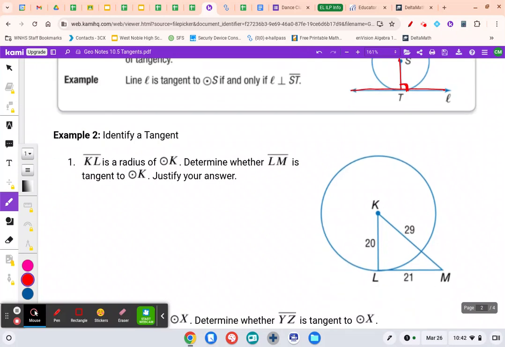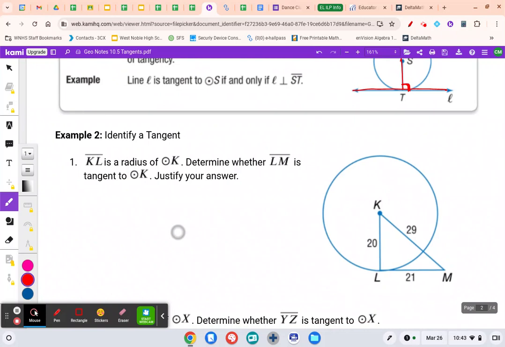So we can check this by checking the Pythagorean theorem. Since KL is a radius of the circle, we want to determine whether LM is tangent to circle K. All you have to do is make sure that this is 90 degrees by checking the Pythagorean theorem. So we're going to take 20 squared plus 21 squared equals 29 squared, maybe.